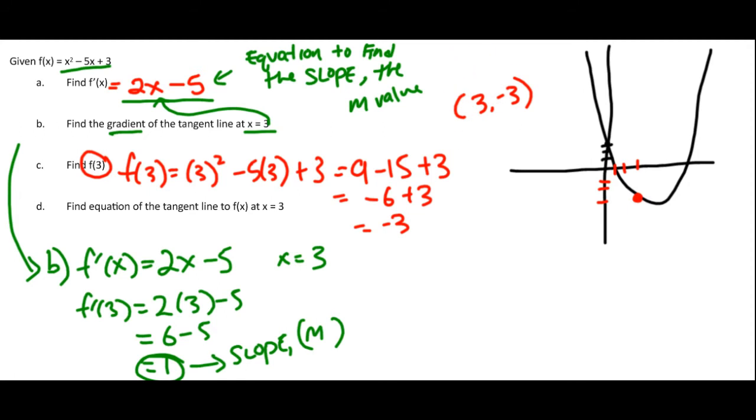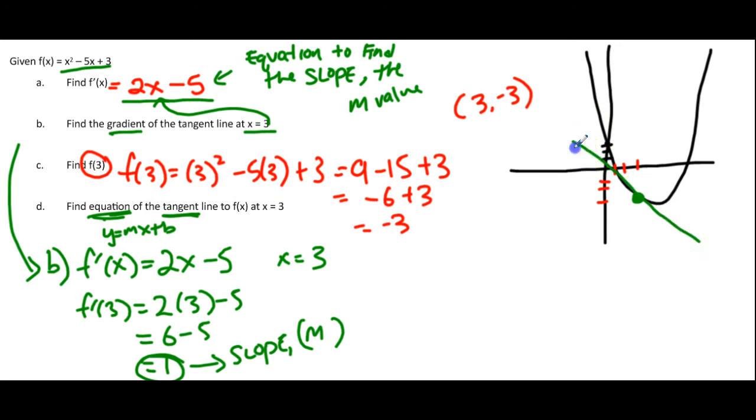The last question is to find the equation, this mx plus b, of the tangent line to f of x at x equals 3. What does that mean? This is at x equals 3, this point. They want to find the tangent line. The tangent line touches this graph at that point only once.